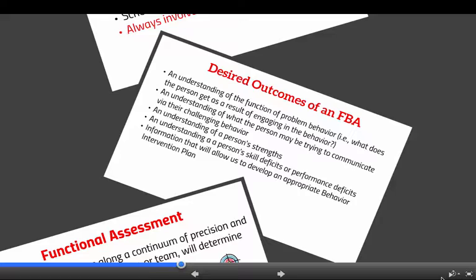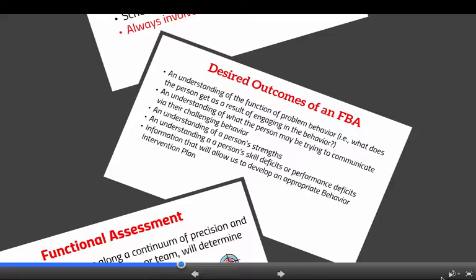So one of the things you'll learn through this process is that communication training, whether it requires assistive technology or picture-based communication or vocal verbal communication, is going to play a very important role with respect to the design of a person's plan. The other thing that we want out of the FBA process is an understanding of a person's strengths. I've mentioned this many times already throughout the entire training.